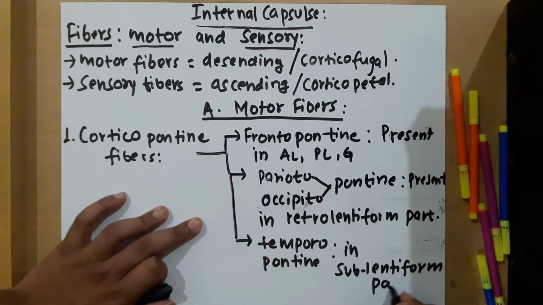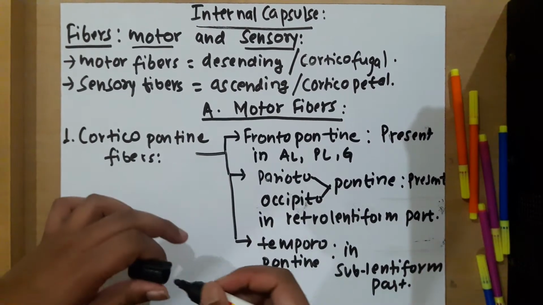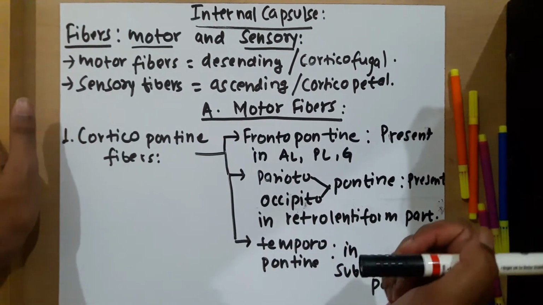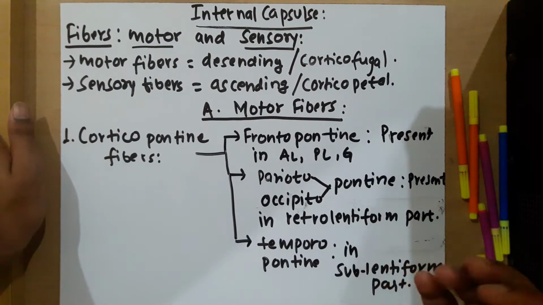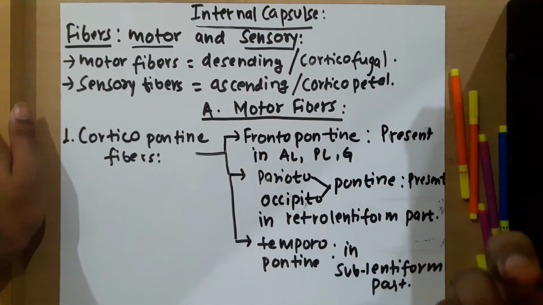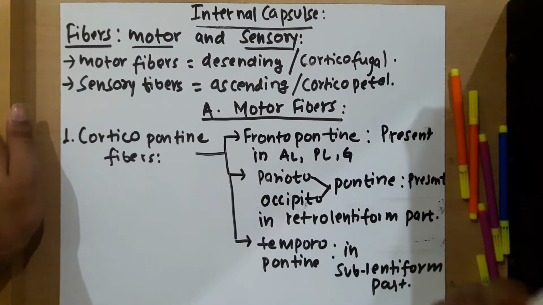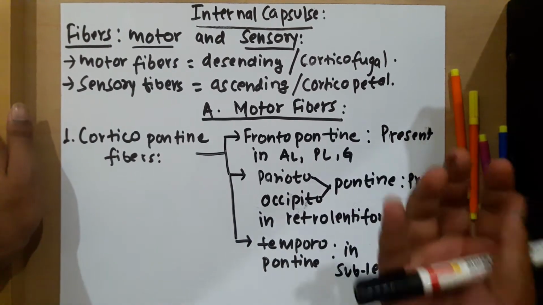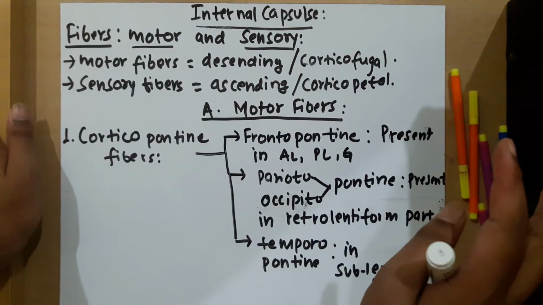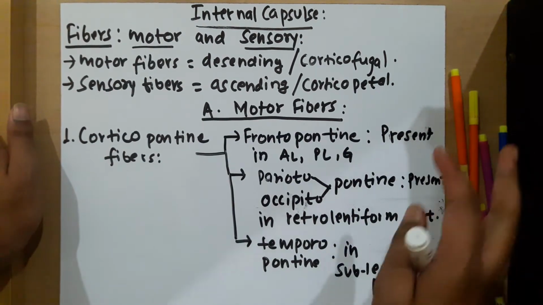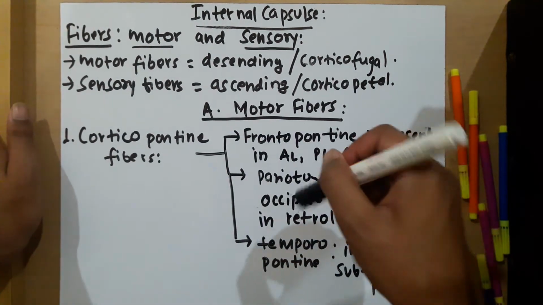One important feature about the corticopontine fibers is that they also form the corticopontocerebellar pathway. If you have already studied the brainstem, you will understand this pathway.